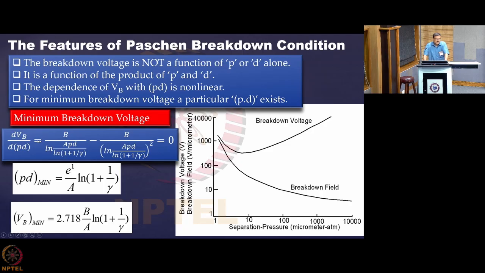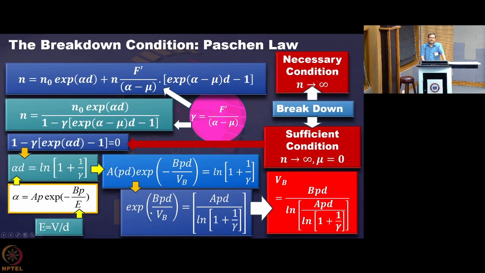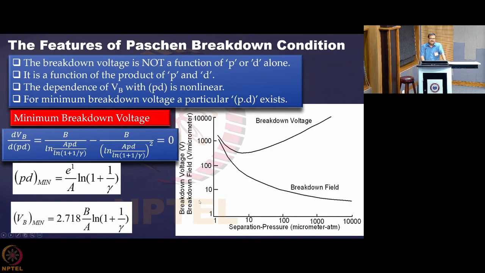After doing this, the derivative is very easy, and you can find out straight away that PD minimum is E by A log of 1 plus 1 by gamma. Such a simple relationship you are getting. Now, if you know the value of PD minimum, you can put that value over here, and you get the minimum breakdown voltage as 2.718 B by A log of 1 plus 1 by gamma.